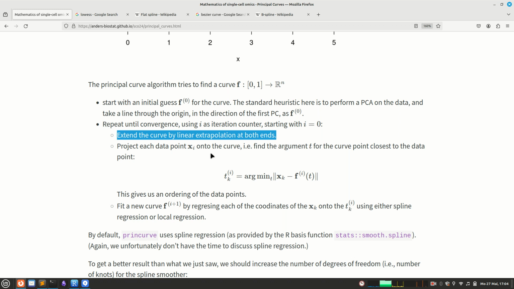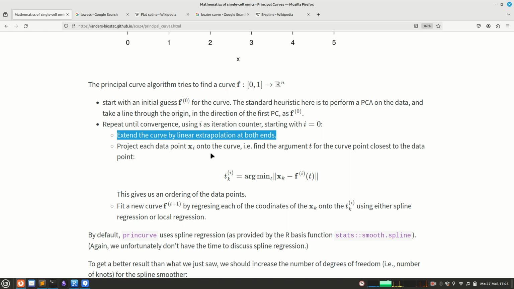If the curve is smooth, then probably this distance vector should be perpendicular here. So each point x has now a projection point, and I identify the t value, because remember this is t is naught, and this here is t is 1, so this is how my curve works from here to here, and I find the curve point that is closest, and this curve point has, of course, a corresponding parameter value t, and that's what I now call the pseudo time of this point.